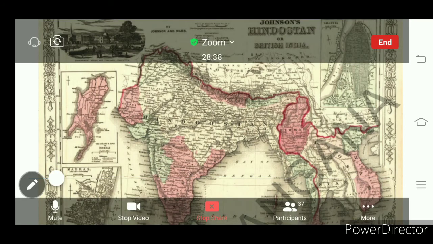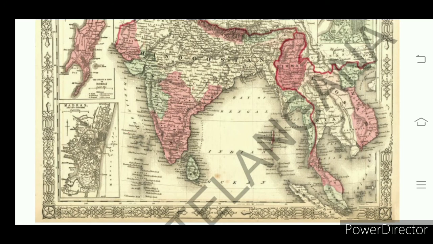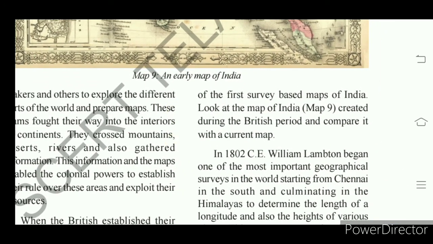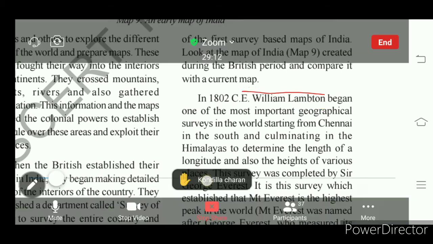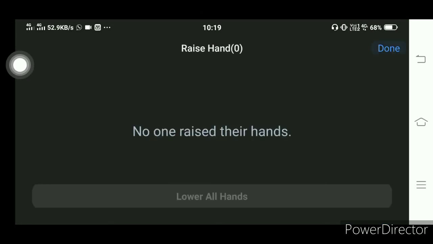After this, in 1802 CE, there was William Lambton. Who's that? William Lambton was a most important person, and he prepared a map of India starting from Chennai.